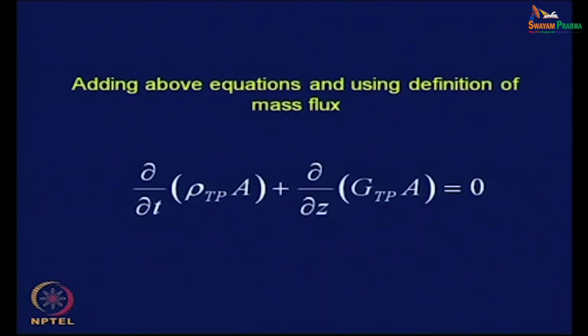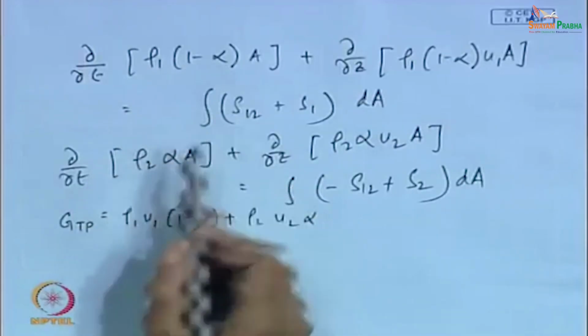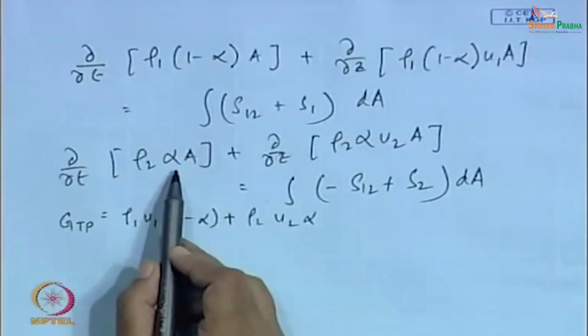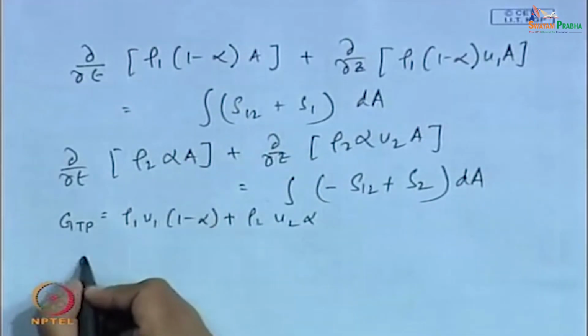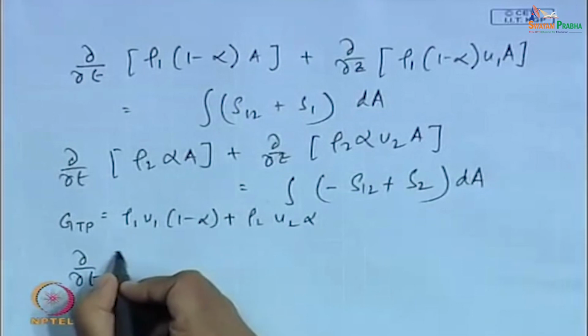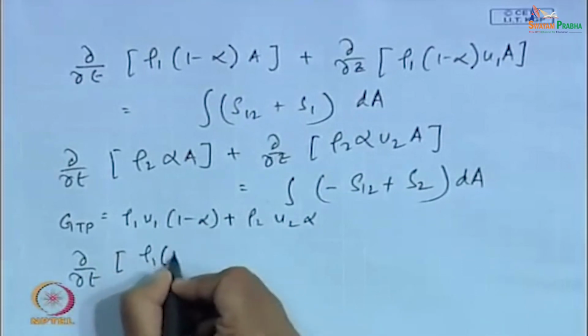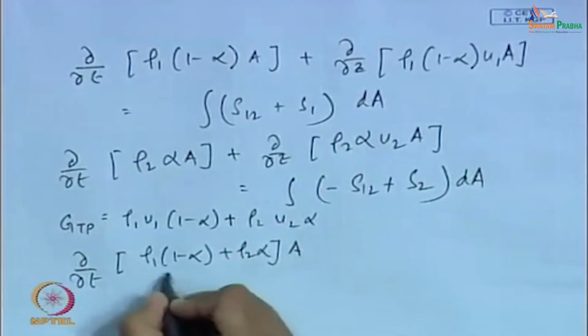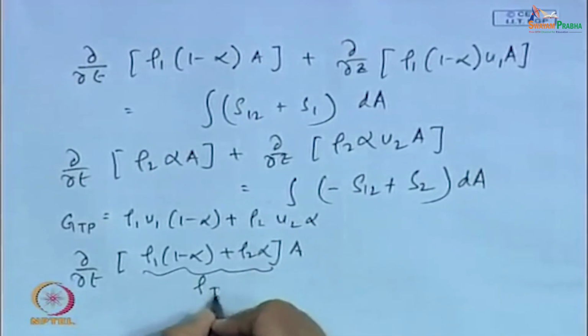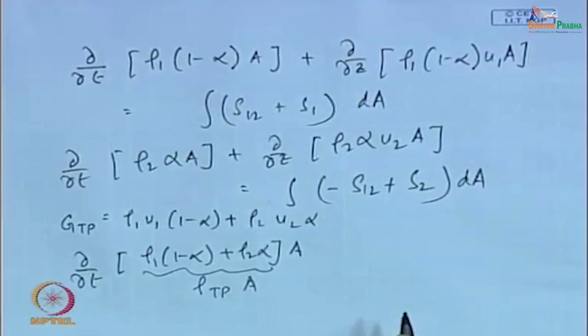What we get here, we get rho 1 into 1 minus alpha plus rho 2 into alpha into A. Okay. So, therefore, here we get del del T of rho TP A, it is rho 1 into 1 minus alpha plus rho 2 alpha into A, and this part is nothing but rho TP into A. Okay.